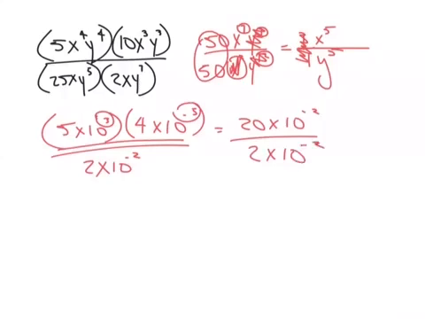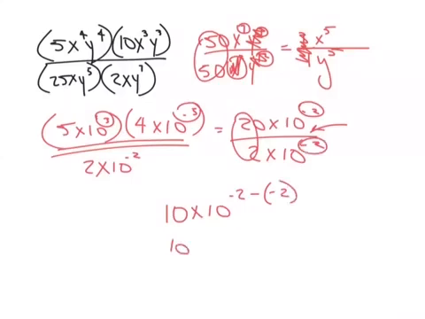Remember, you're just dividing here. 20 divided by 2 is 10 times 10 to the negative 2, minus, because of the division sign, negative 2. So 10 times 10 to the negative 2 plus 2, which is 0. So basically the answer is just 10.